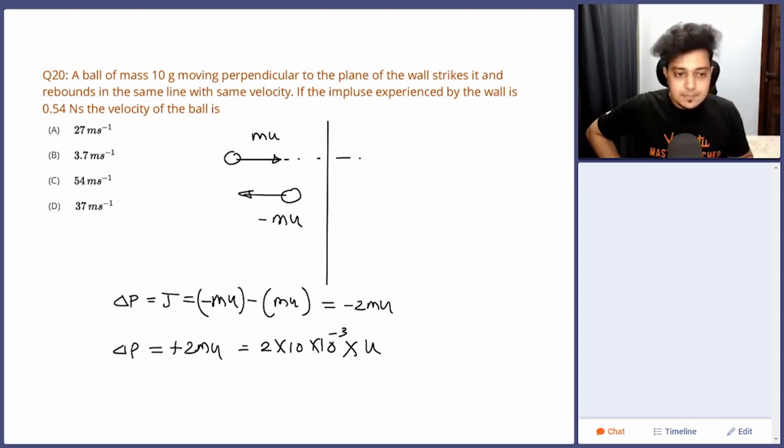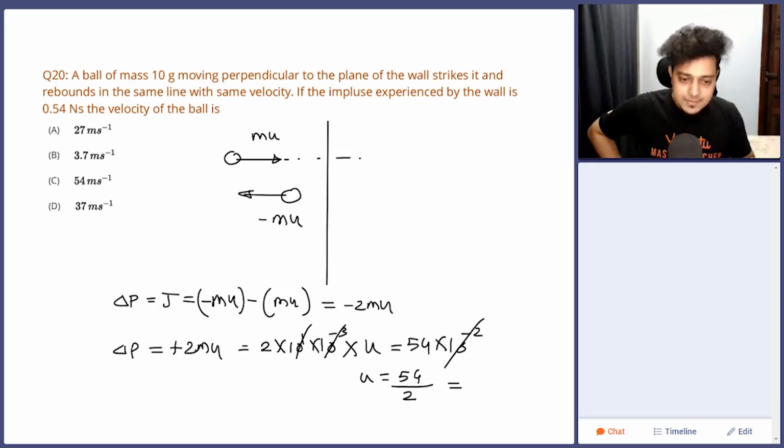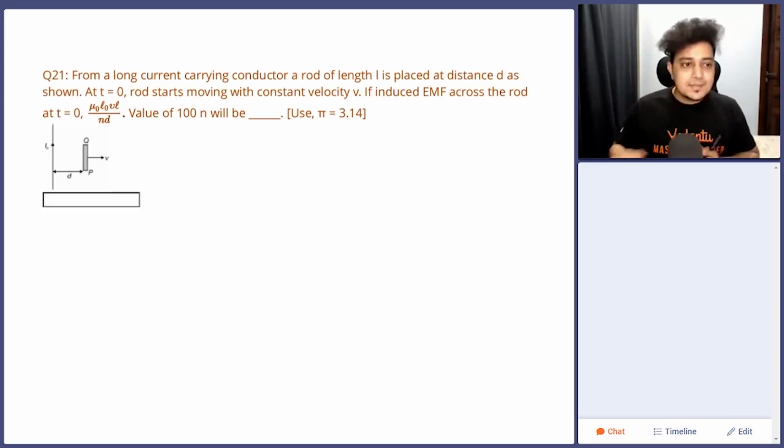And this impulse is 0.54, so 54 into 10 raised to minus 2. Okay, so 10 raised to 1 and minus 3 will become 10 raised to minus 2, and 10 raised to minus 2 cancel. So u is equal to 54 divided by 2, that is 27 meter per second. So option A will be correct. Easy. Let's go. Next question.